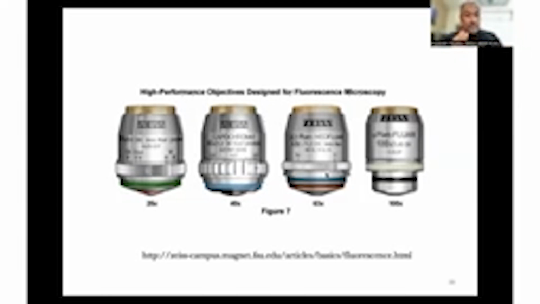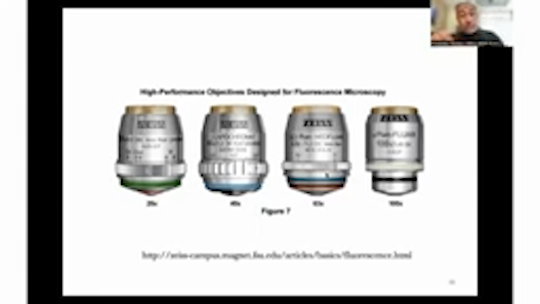Now, there are objectives which are just air objectives, where the numerical aperture is largely determined by the fact that there is air between the objective and the sample, right? In some cases, there are water objectives, which means you can have a small layer of water between the objective and the sample, and that changes the numerical aperture in such a way that there is enough light to see stuff that you would not with, say, just an air objective.